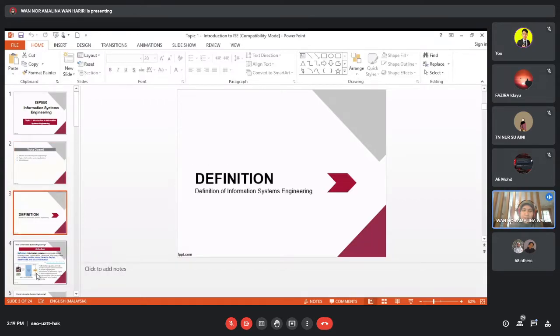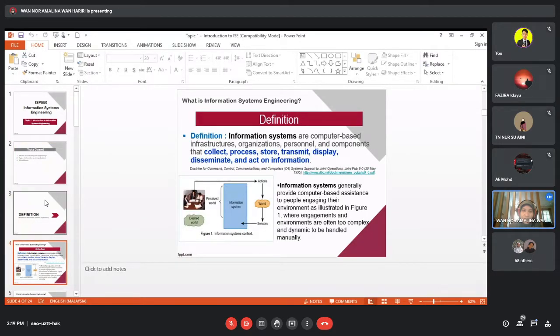Let's start off with the definition of information systems engineering. This definition comes from a paper presented at a conference on ISE. Why do you need to know the definition?